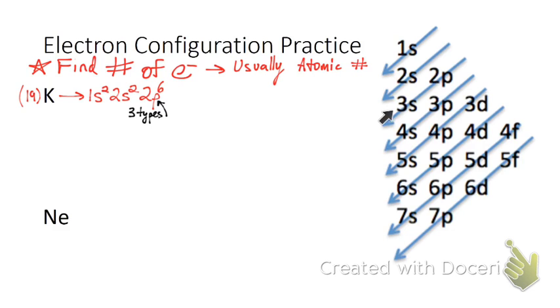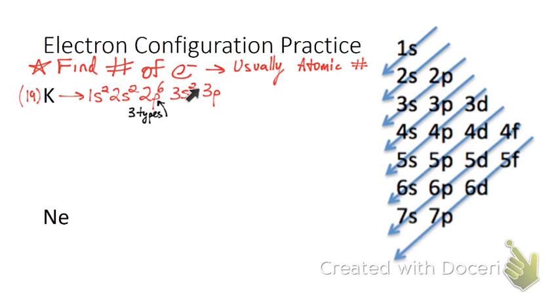Next up is 3s. How many electrons? 2 in our s. Next up, 3p. And now I got to check. How many electrons am I at? Well, I have 1s2, so 2 plus 2 plus 6 is 10.